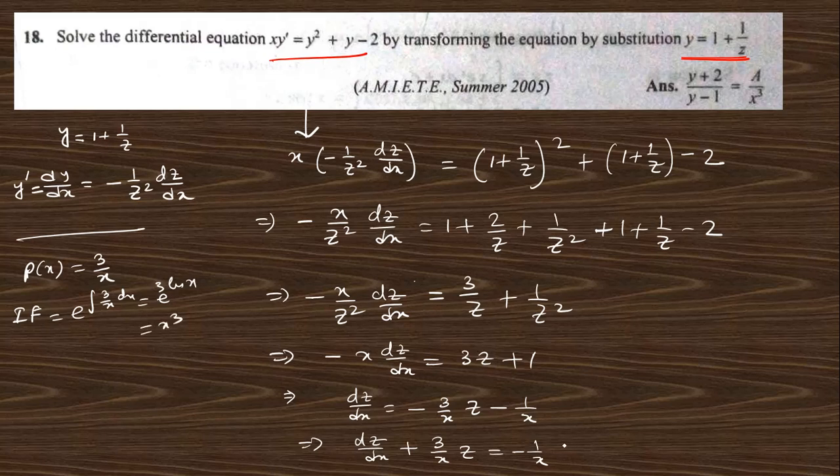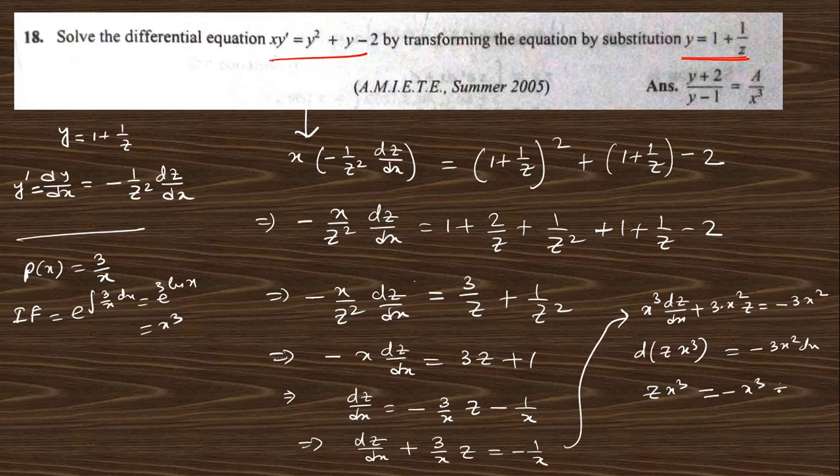So if you multiply this equation by x cube, dz/dx, this will be 3x square z. So this is nothing but z into x cube, and this is 3x square dx. So this becomes z x cube equals minus x cube plus some constant.